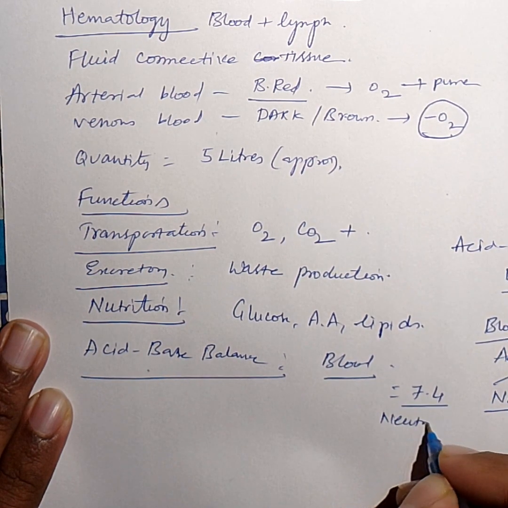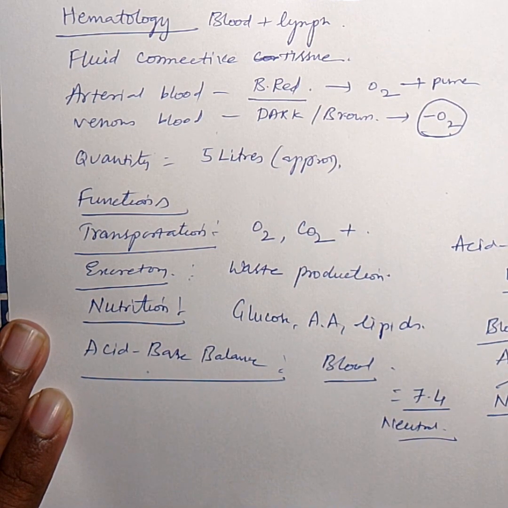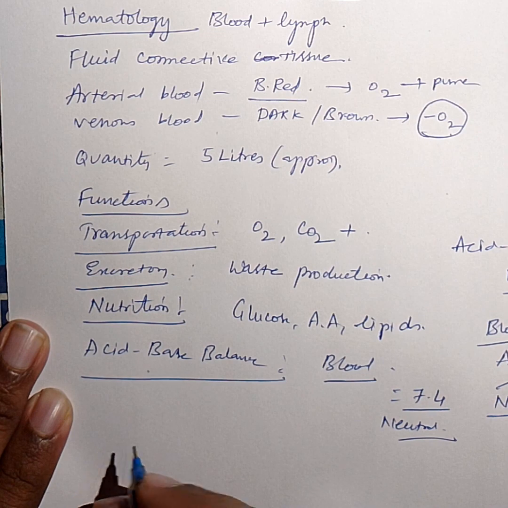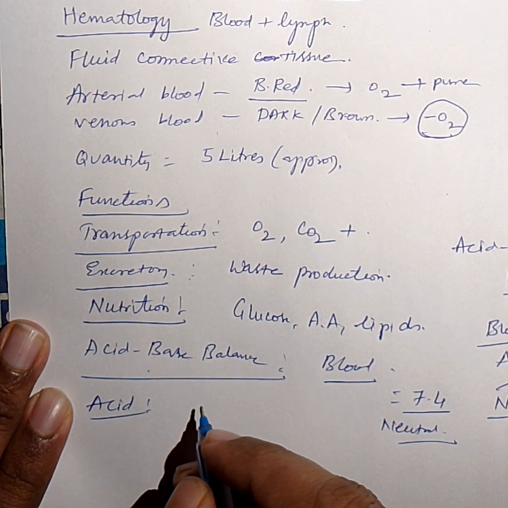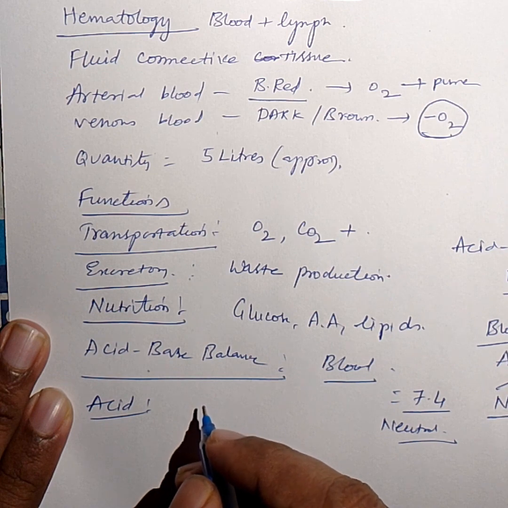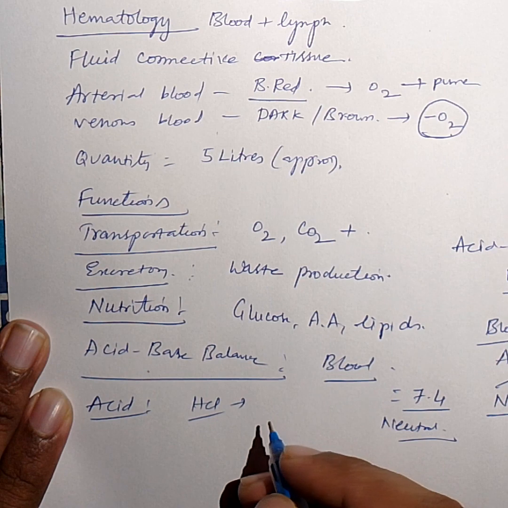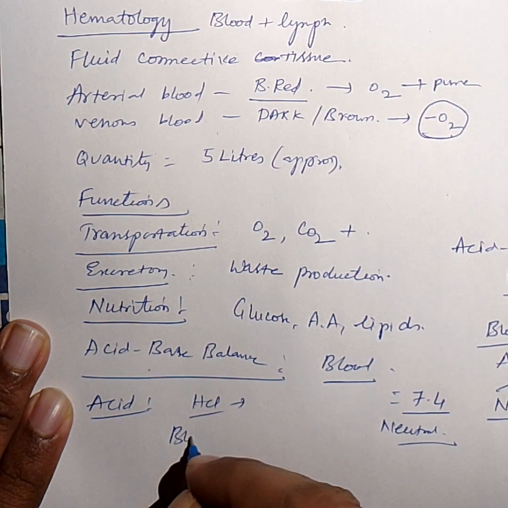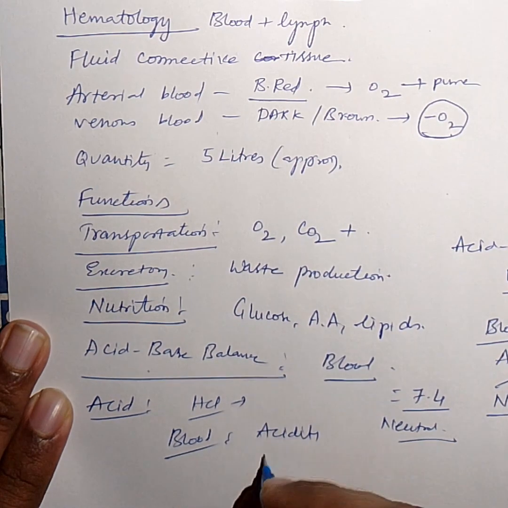Large amounts of acids are produced daily because of metabolism. We know that our stomach produces a large amount of HCl, which is used for the digestion of food, and the blood has the capacity to maintain this acidity as well as to neutralize it.